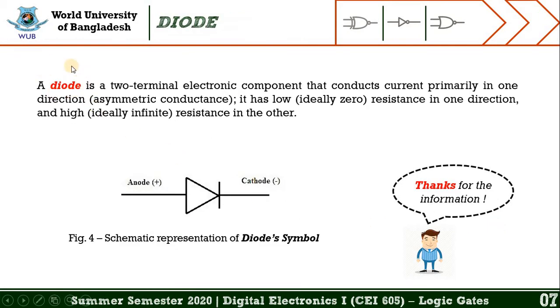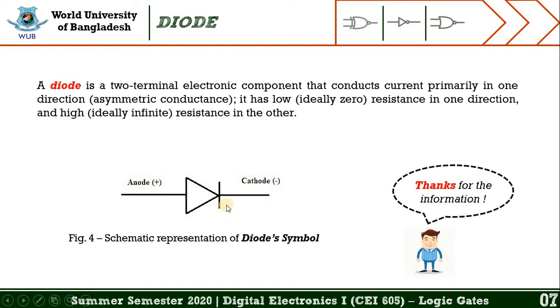From this slide we will learn what a diode is and the symbols of a diode. So let's start with the definition. A diode is a two-terminal electronic component that conducts current primarily in one direction, which is called asymmetric conductance. It has low, ideally zero, resistance in one direction and high, ideally infinite, resistance in the other.